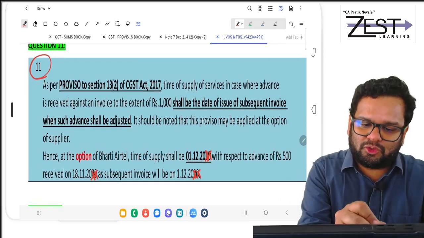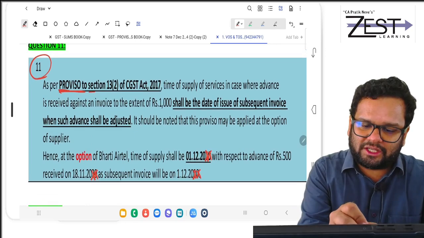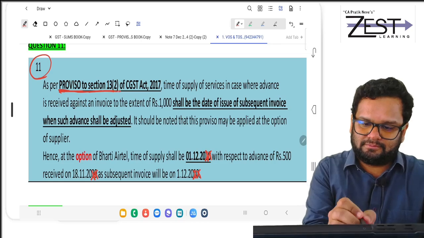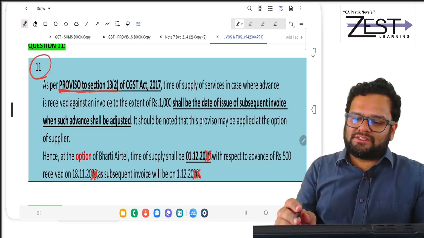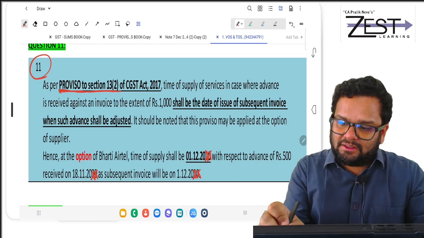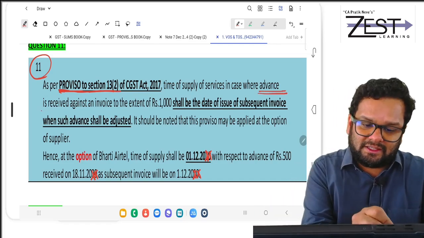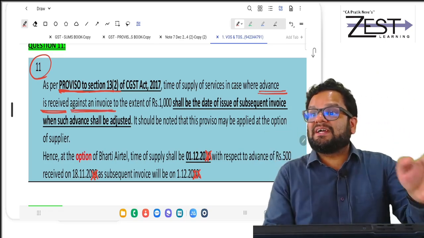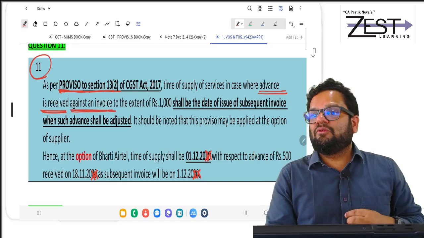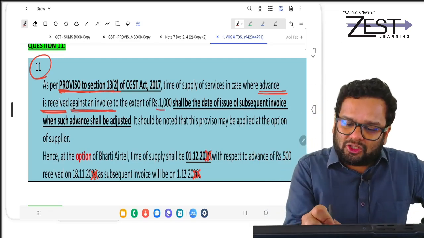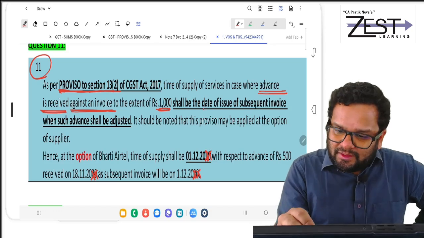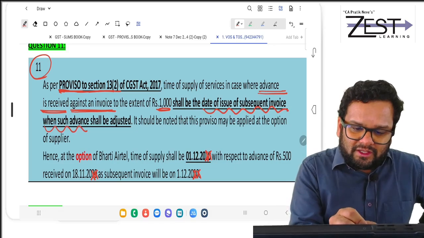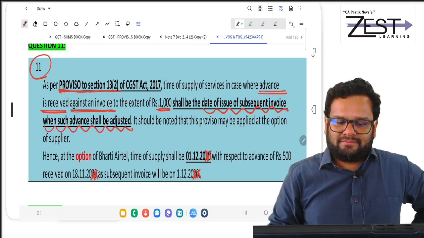So as per proviso to section 13(2), time of supply of services in case where advance is received against an invoice, it's not only about advance, it's advance against invoice, to the extent of 1,000 shall be date of issue of subsequent invoice when such advance shall be adjusted.